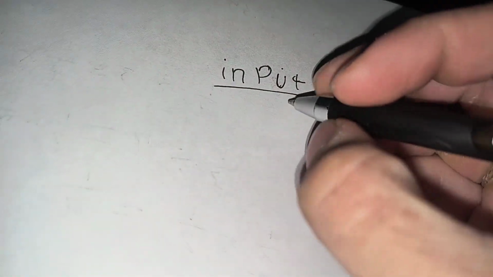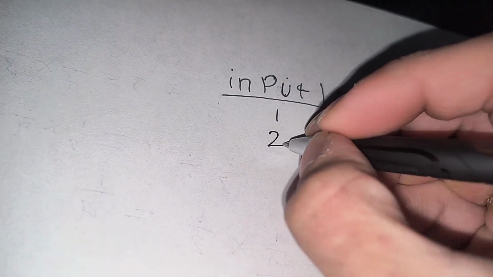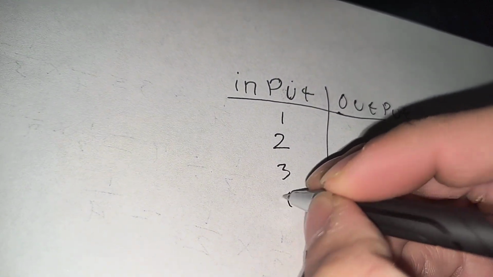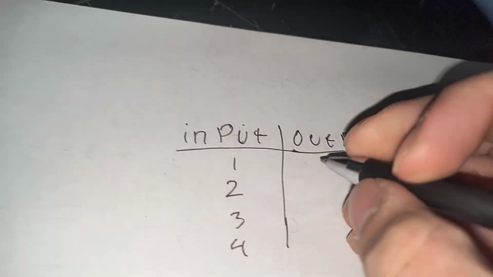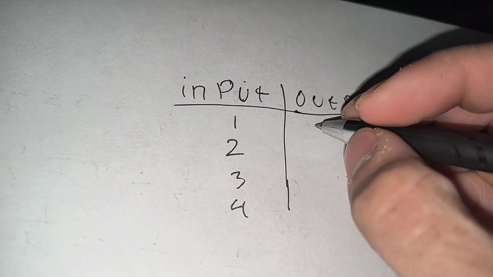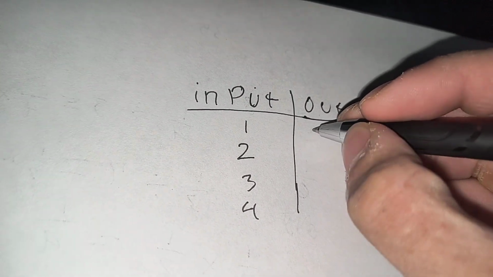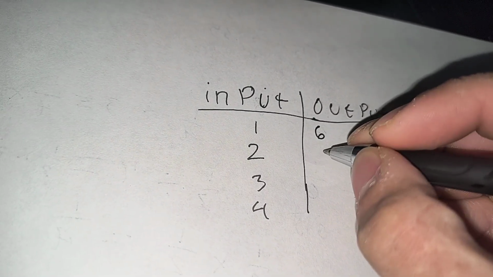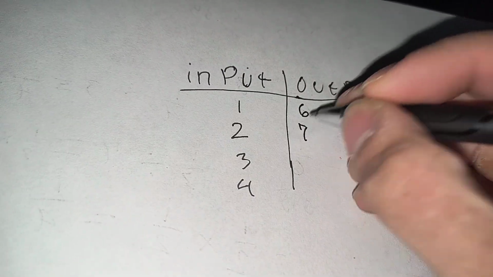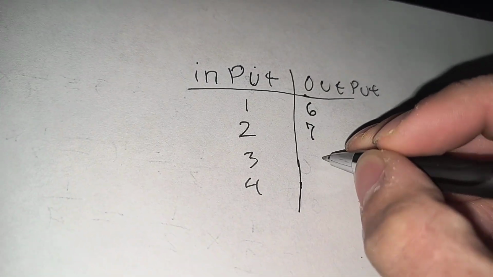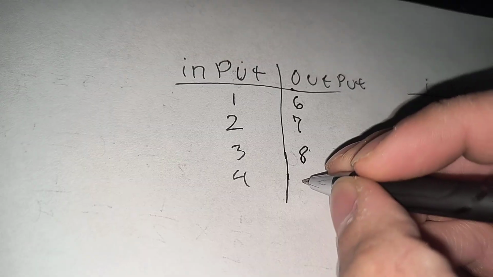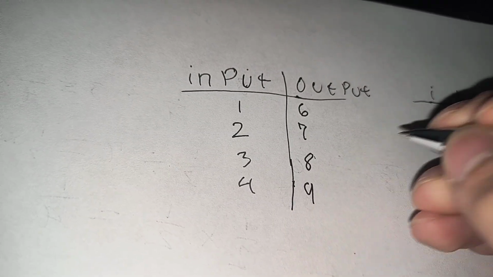Okay, right? Let's say that we input 1, 2, 3, 4 on this one, and we get out, let's say, 6 right here, and we get 7 right here, and we get 8 right here, and we get 9 right here.